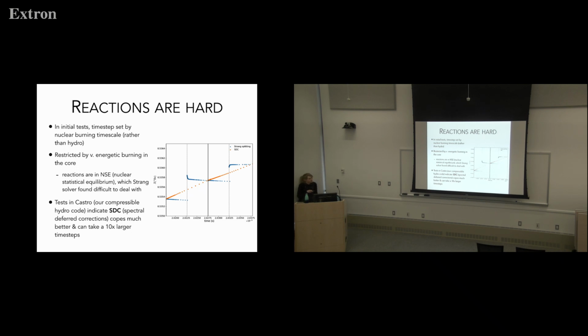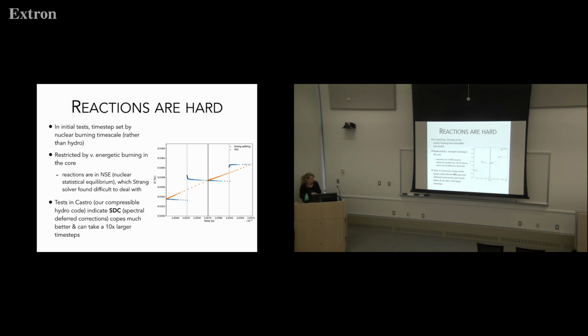So these orange dots here are the calls to the SDC solver, and we can see that we get a much smoother curve. It's not pulled way off the true solution like the strang splitting method is, and it actually has to do far fewer calls to the solver. So it's not only more accurate, but it's a lot cheaper to do.